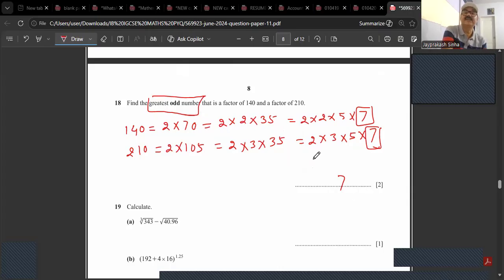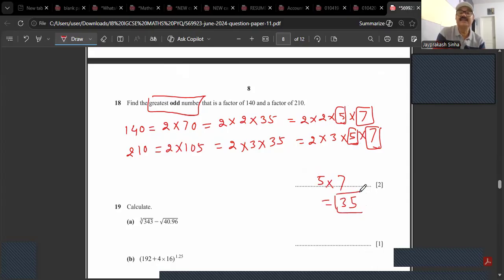The greatest odd number that is a factor of 140 and a factor of 210 also. So this will not be 7, this will be 5 into 7 actually, because here also 5 is there, here also 5 is there. So when you multiply 5 by 7, you will get 35.